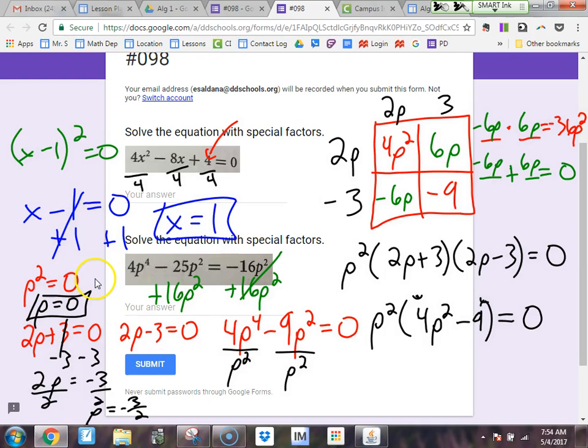Negative 3 halves. Now you could say negative 1.5. I would accept that as well. For the other one, add 3. That's 2p equals 3. Divide by 2. P equals 3 halves. So your final answers for the second problem are 0, negative 3 halves, and positive 3 halves. And the first problem's answer, again, was 1.